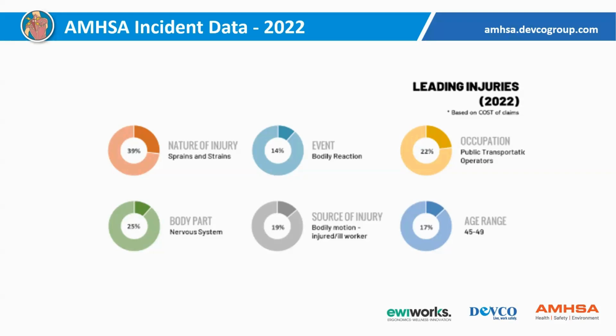If we look at the most common events, it's body reaction. If we look at source of injury, the biggest group there is body motion or injured or ill worker. And if we look at the occupation with the largest number of injuries, it's public transportation operators.